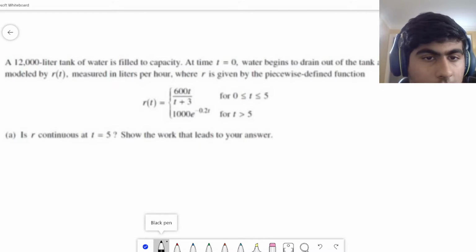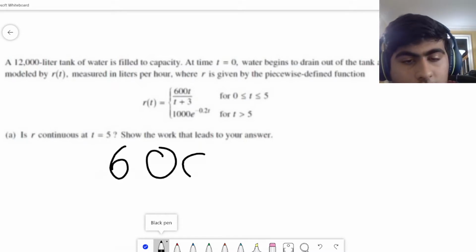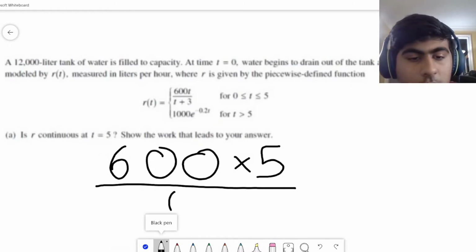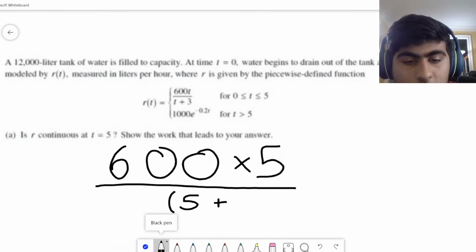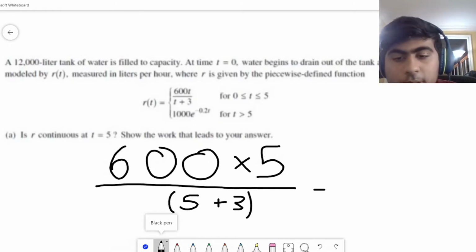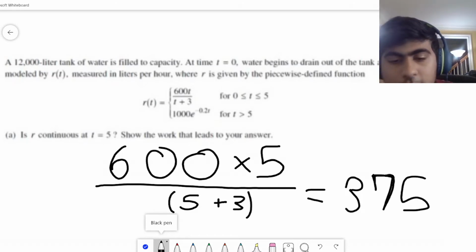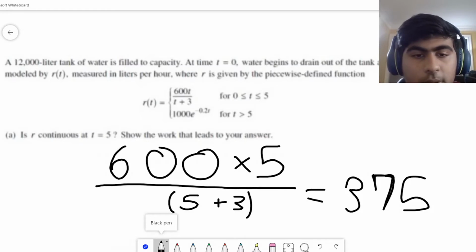So we can look at R of t, just plug that in. We get 600 times 5 over 5 minus 3. Now, of course, you can do this with a calculator. You don't have to do it in your head, but if you want to, it's 375.